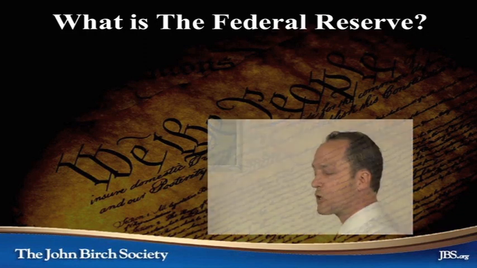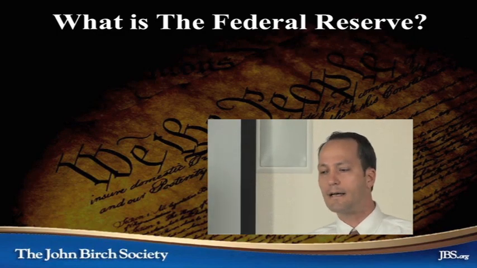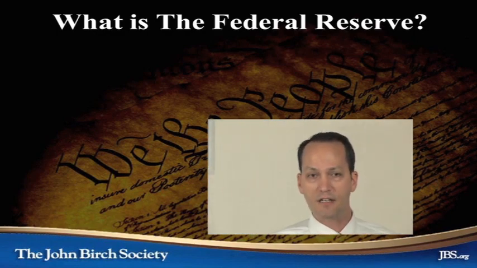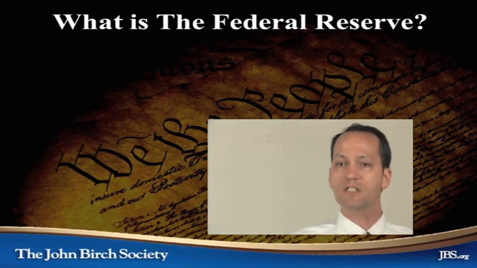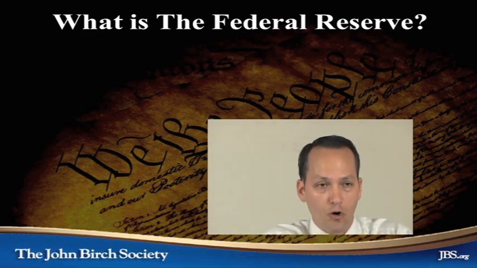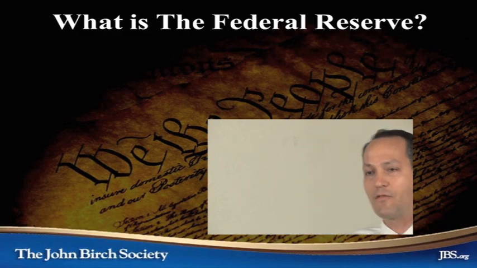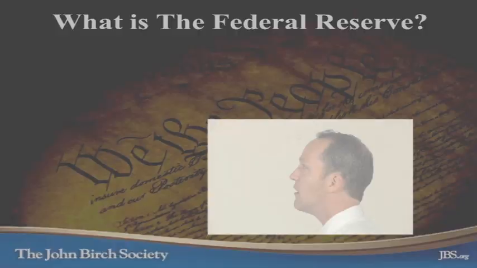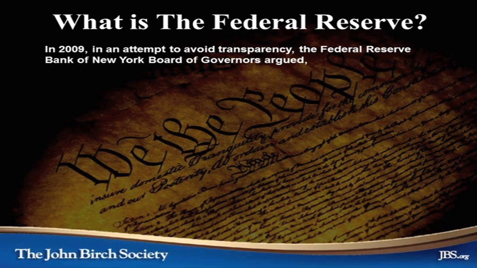However, a few years ago, Bloomberg Press was under the Freedom of Information Act, wanting to find out where some of the Federal Reserve money had been spent. And they went to court over it, and here's some of the defense of the Federal Reserve Bank of New York. The Federal Reserve Bank of New York Board of Governors is the steering portion of the entire Federal Reserve. That's the head, you could say.